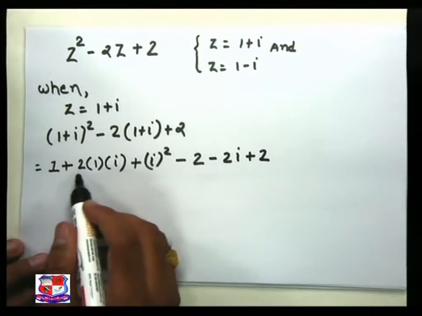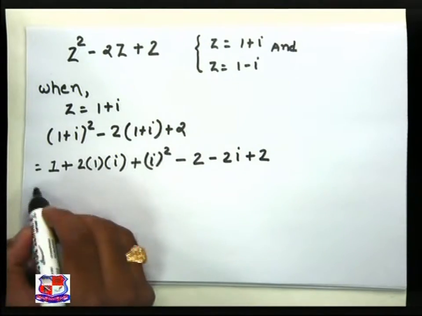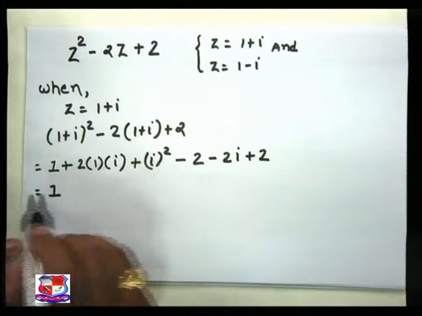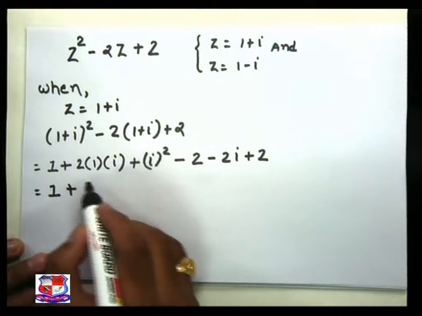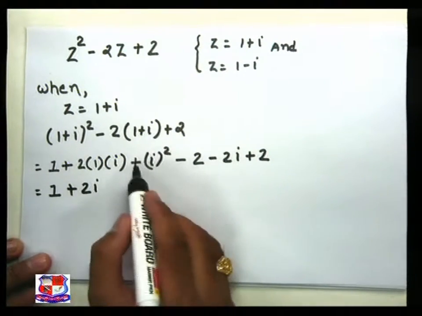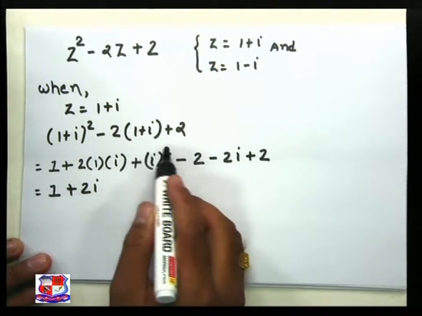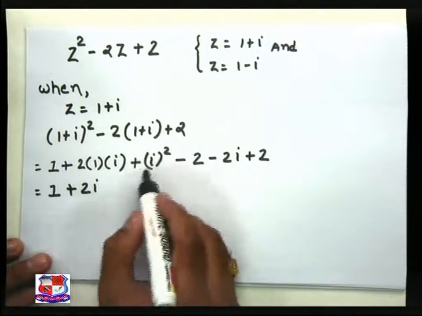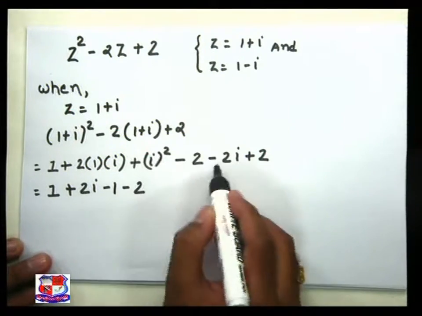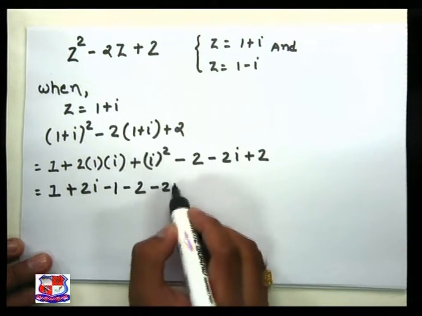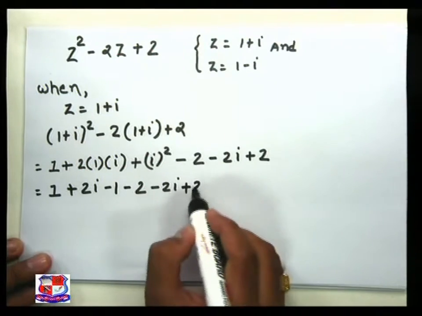Now again we simplify this term: 1 as it is, plus 2 into 1 into i, that is 2i, plus i square, that is minus 1, so we replace it with minus 1, minus 2 as it is, minus 2i as it is, plus 2 as it is.